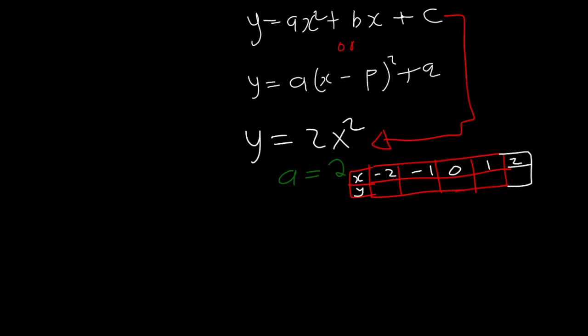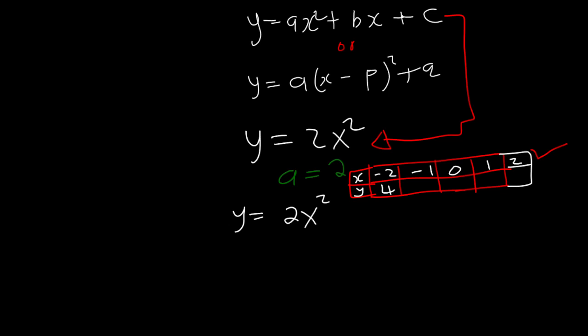This is input and output: the top row is the inputs and below, y is the output. If we substitute -2 into this equation, we are going to get 4.